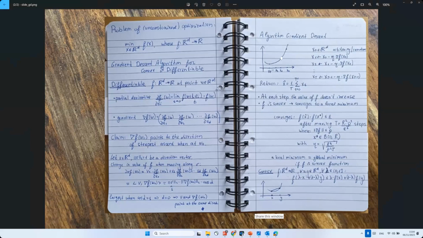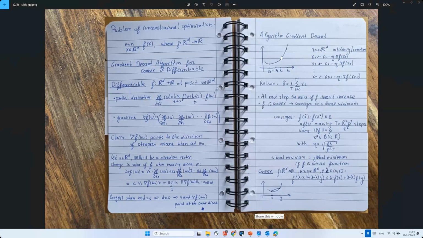And we start the process of walking step by step, such that at each step, we are walking in the direction of the greatest descent of the values of the function. And the step size we are taking is parameterized by parameter eta.